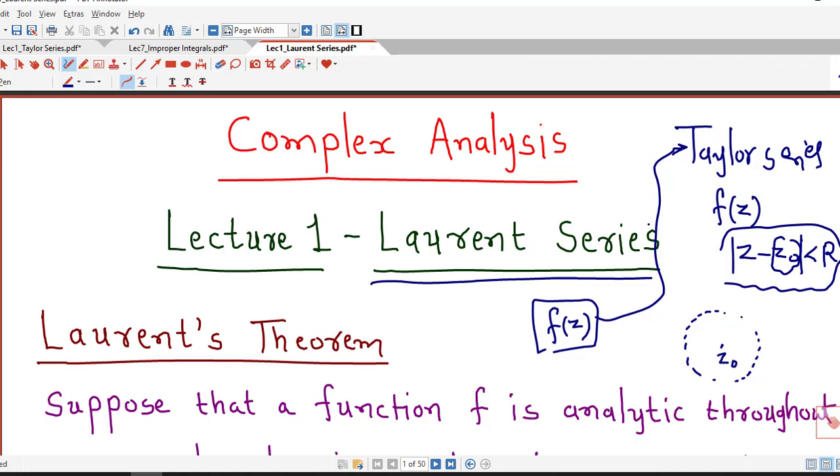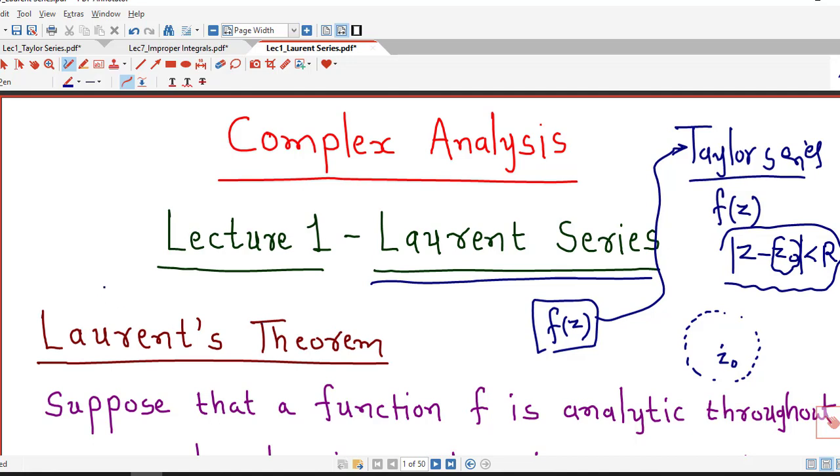If we are not able to represent our function in powers of z minus z0 using Taylor series, then we can use Laurent series to find a representation of our function in powers of z minus z0.